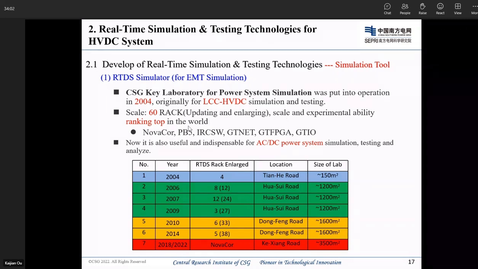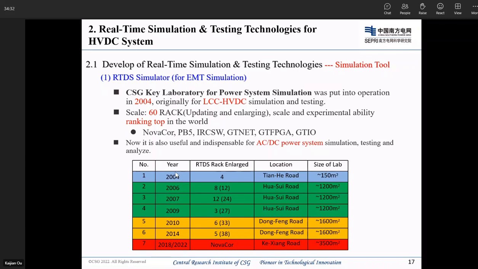We have the novel core cards, PB5 cards, and switches like GTNET, GTAO, GTDI and GTIO. Now it is very useful for AC and DC power system simulation, testing, and analysis.